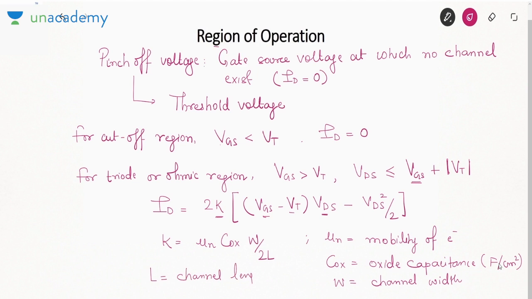Channel length is the distance between the source and the drain terminal. So these are the terms involved in the value of K. This K is sometimes also written as Kn into W by 2L, where Kn is nothing but mu n Cox. Is it fine?